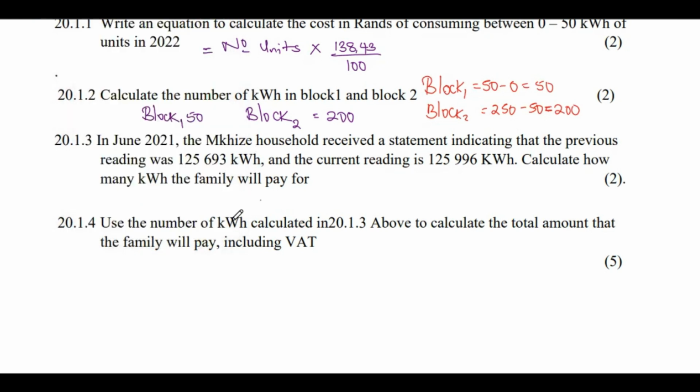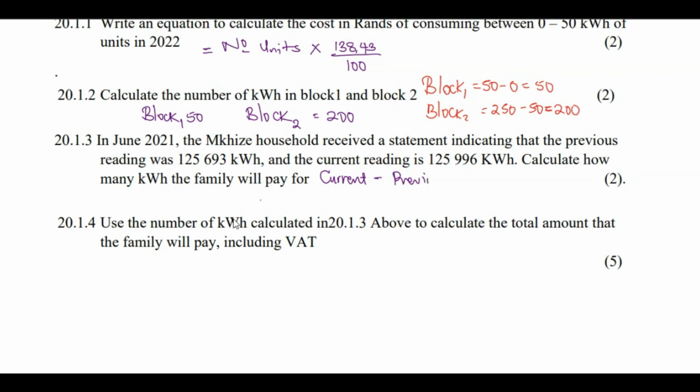In June 2021, the McKinsey household received a statement indicating that the previous reading was 125,693 kilowatts, and the current reading is 125,996 kilowatts. Calculate how many kilowatts the family will pay for. Remember, whenever we're looking for this, we say current minus the previous.